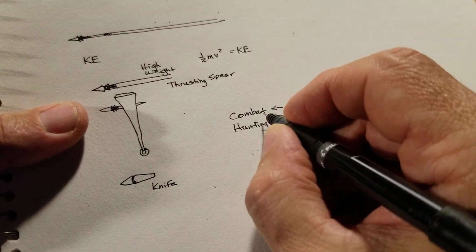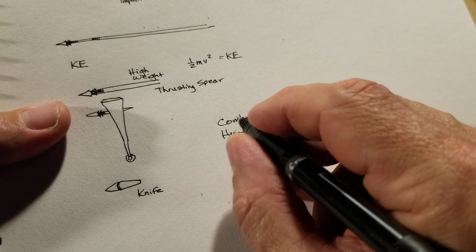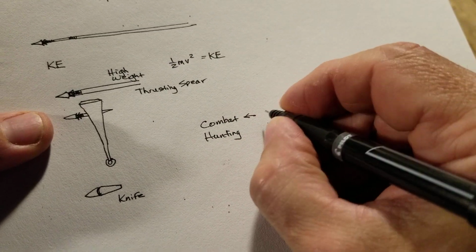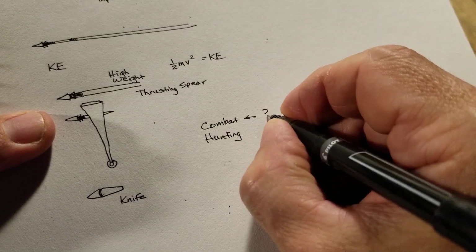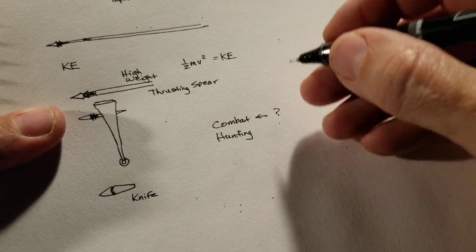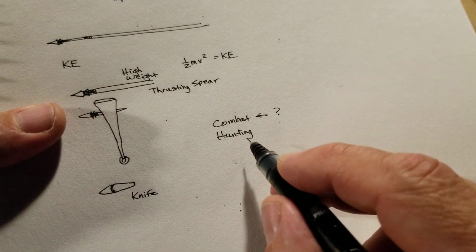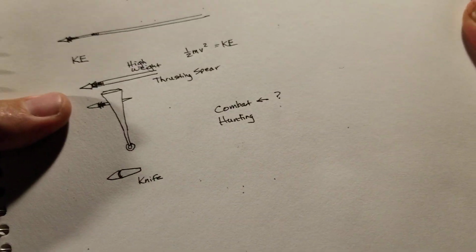So, getting off on a tangent, what I'm going to be concentrating on mainly is what are the combat ramifications, or what things would indicate that these tools were used in combat instead of hunting. That's one thing.